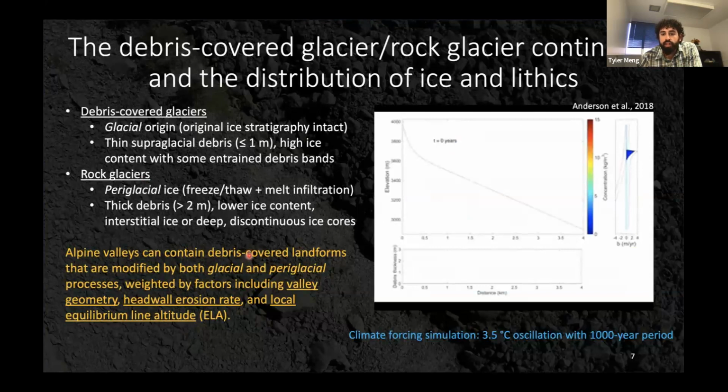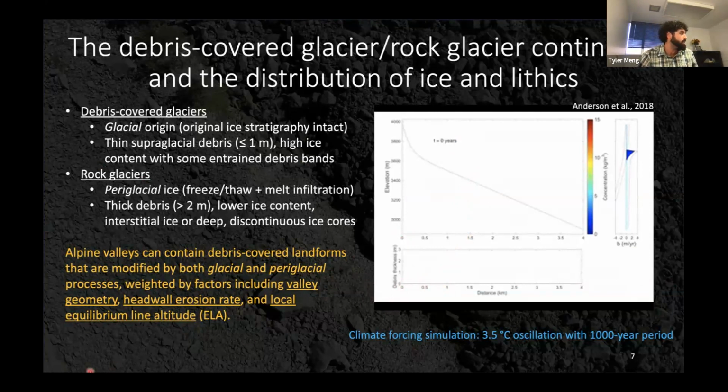And then I pulled this animation from that review paper, which is a really nice example showing the transition between debris-covered glaciers and rock glaciers with an oscillating air temperature over a 1,000-year period.